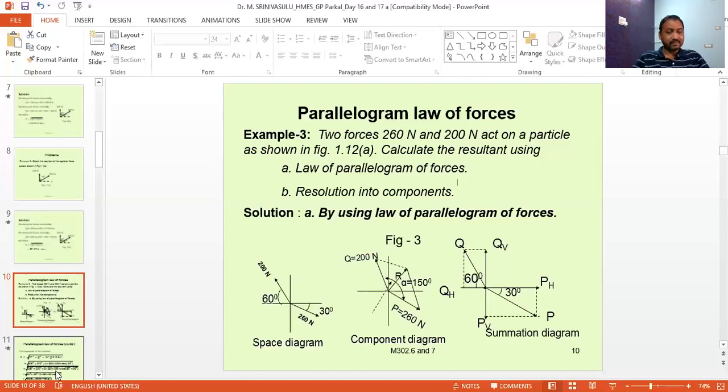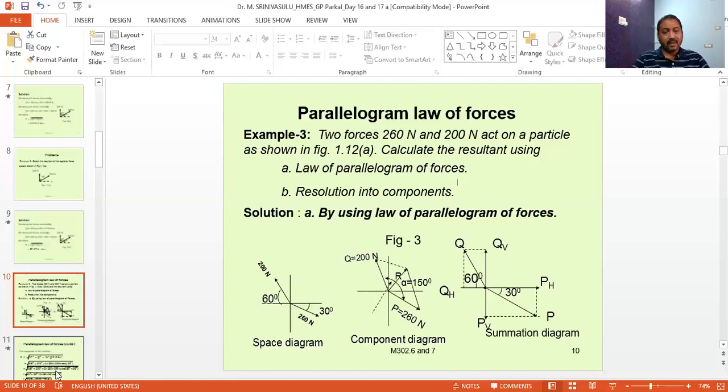If you see here, the angle between the x-axis and y-axis is 90 degrees, and the angle between the 260 newtons and x-axis is 30 degrees, and the angle between the 200 newtons and y-axis is 30 degrees.